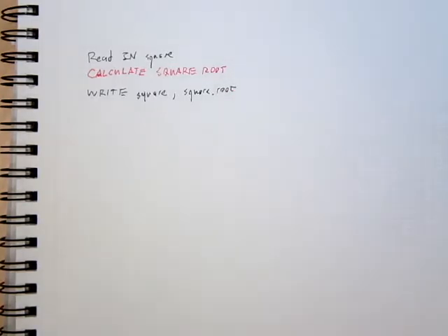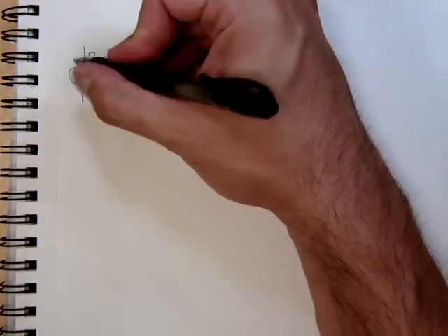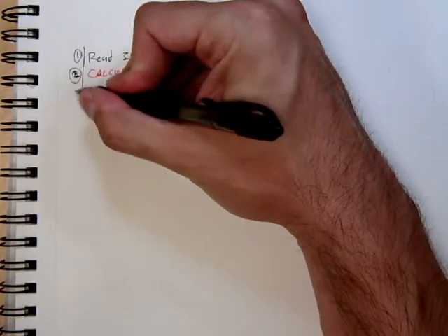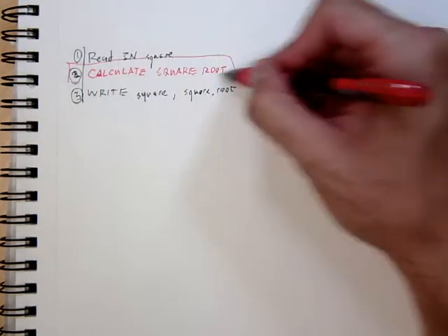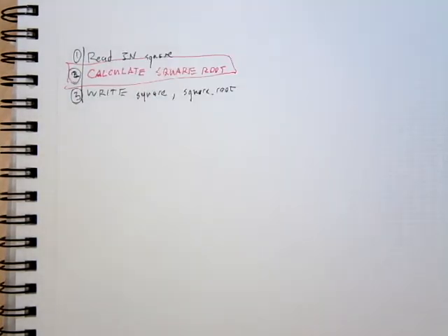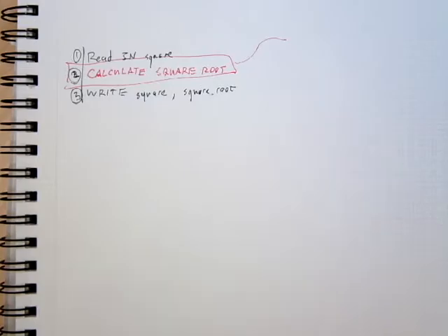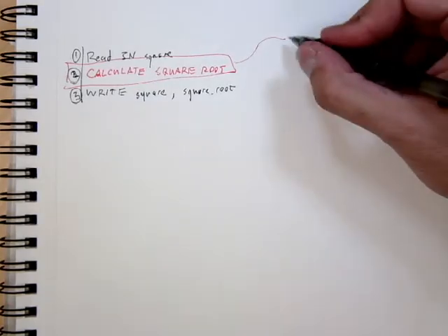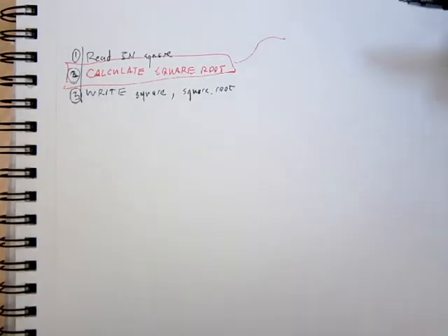Okay, so there's 1, 2, 3 steps, but step 2 is magic. So we need to drill down a little bit on that guy. In order to calculate the square root, how do we do that? Number 1 is we're going to use a method where you have an error.